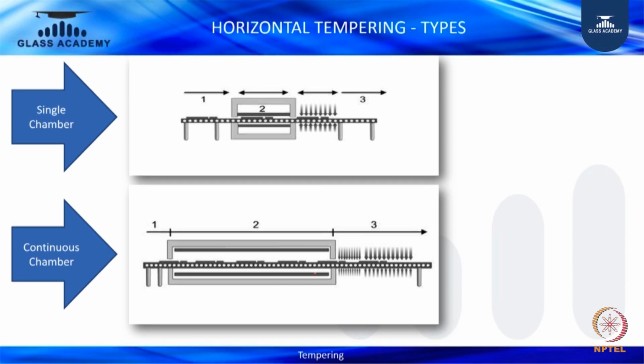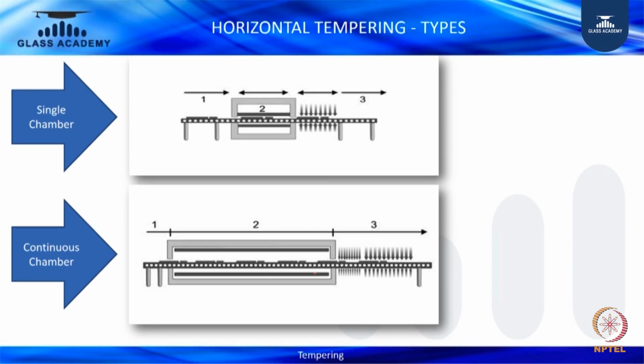The loading is similar. The only difference is the heating zone and the quenching zone, because you need space for such a larger glass to be tempered. For small sizes you can use a single chamber, which is widely used, and continuous chambers are used for jumbo glass processing at present.